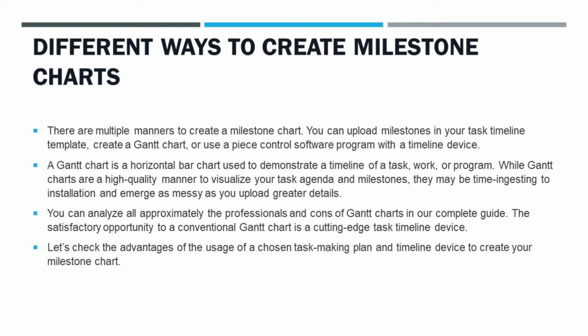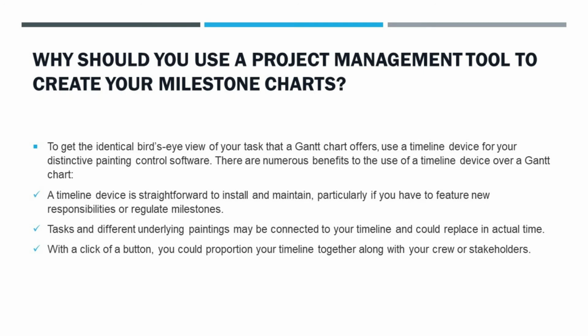The best alternative to a traditional Gantt chart is a modern project timeline tool. Let's look at the benefits of using a dedicated project planning and timeline tool to create your milestone chart. Why should you use a project management tool to create your milestone charts? To get the same bird's-eye view of your project that a Gantt chart gives, use a timeline tool in your work management software.